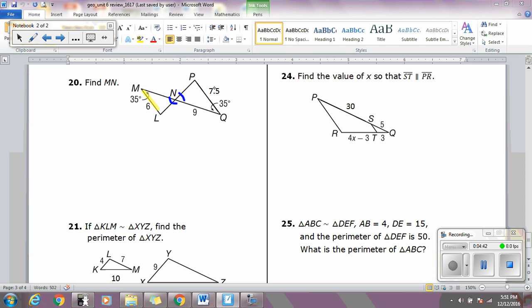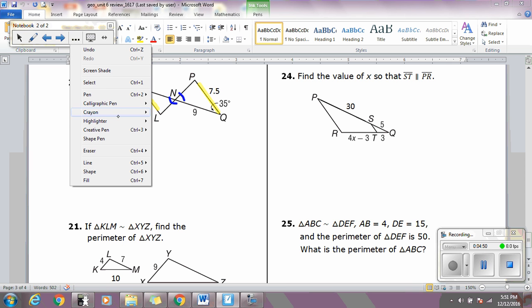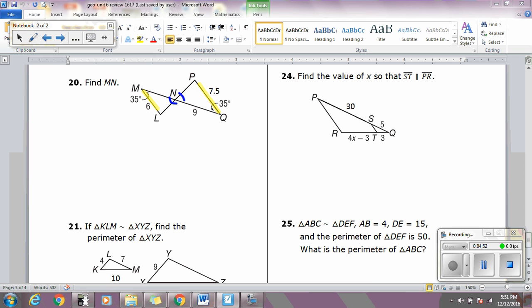ML is to QP as MN is to QN. So again, ML is to QP as MN is to QN.